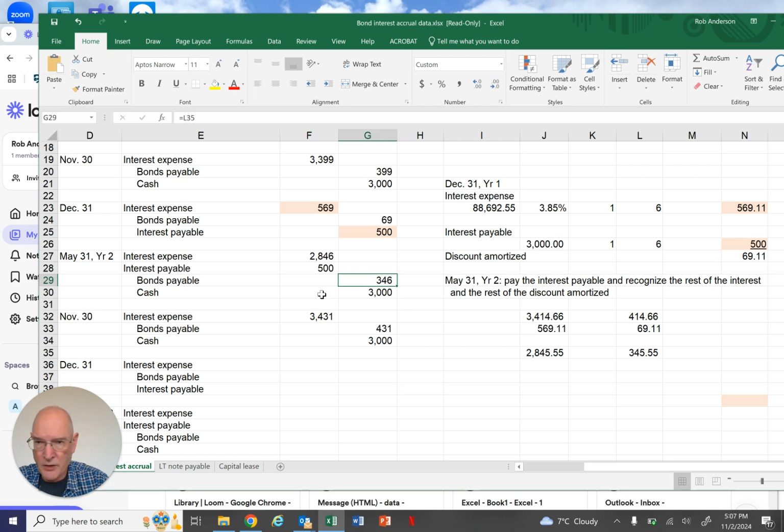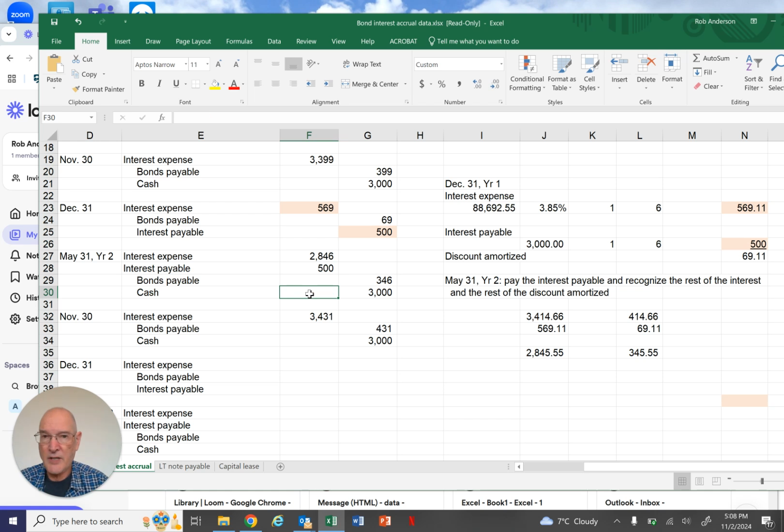Okay, do these journal entries work? Let's find out. $33.46, and these add up to $33.46. Debits equal credits, always a good sign.